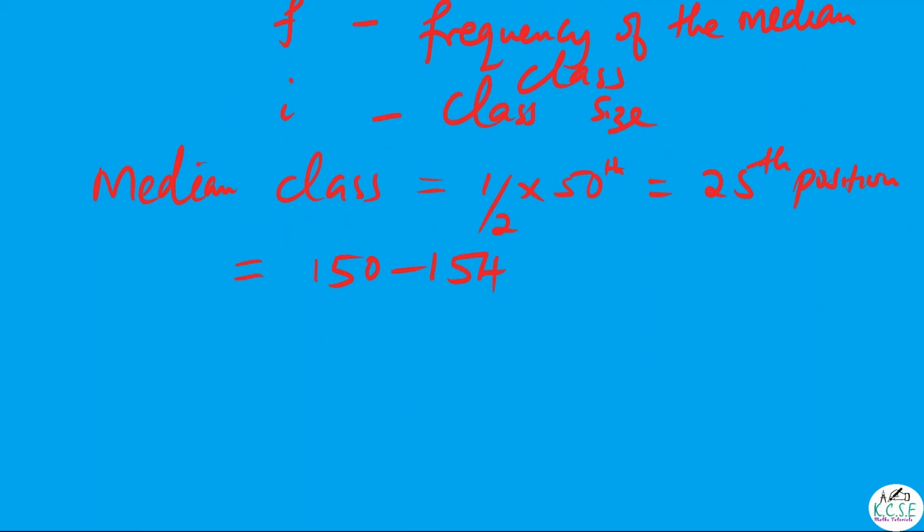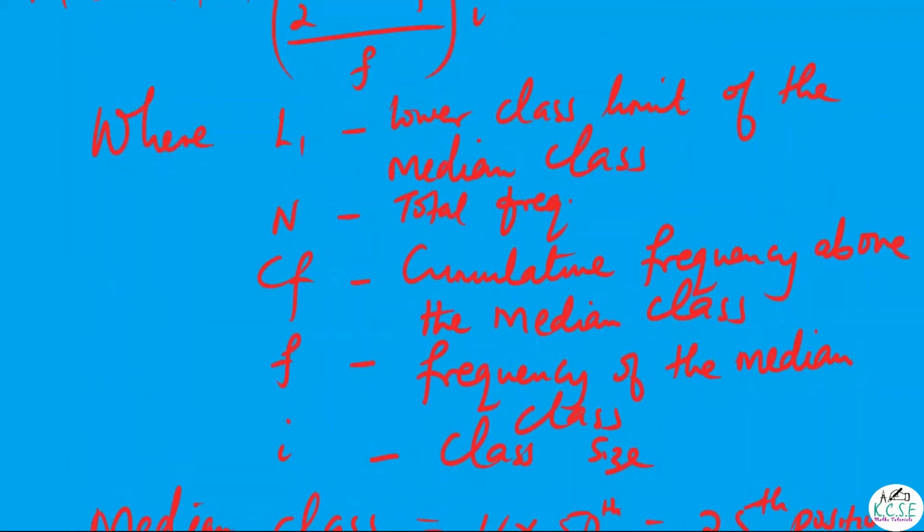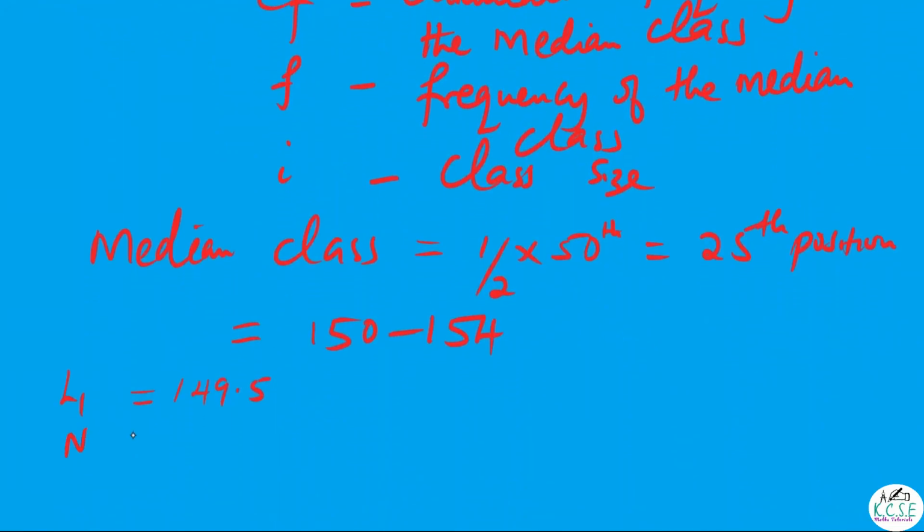So in the formula, we can now identify the lower class limit of the median class. If this is the median class, the lower class limit will be given by 149.5, since the upper class limit is 154.5. Then the total frequency is 50.